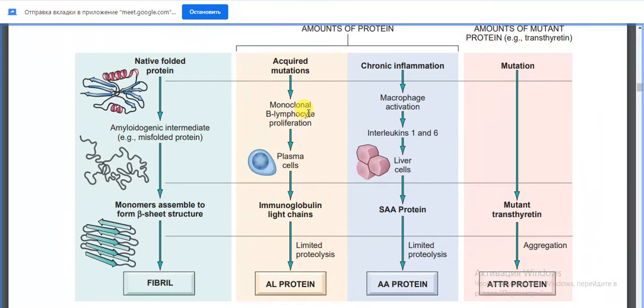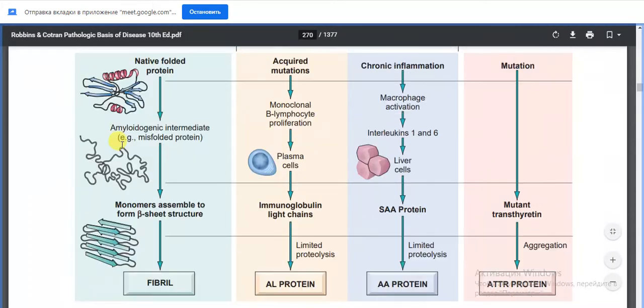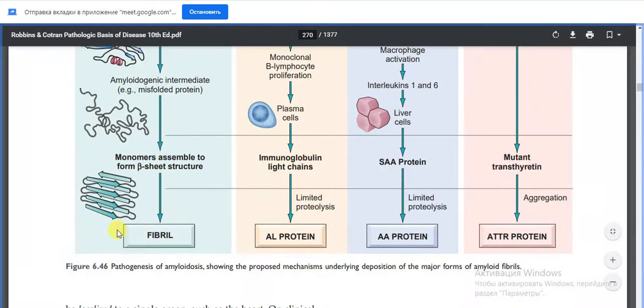But sometimes these misfolded proteins don't cause apoptosis in some conditions, and they are collected somewhere. After some reaction, it causes the formation of fibrils. These fibrils are deposited inside the cells.